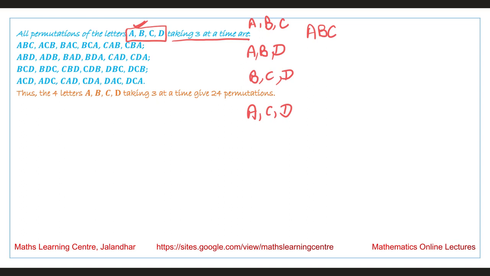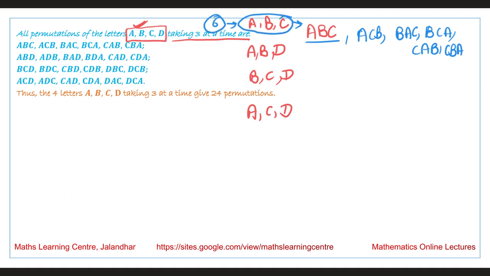Corresponding to these 3 letters, A, B, C, we can make A, B, C, A, C, B, B, A, C, B, C, A, C, A, B, or C, B, A. Corresponding to the 3 letters A, B, C that we have chosen, we will have 6 objects.